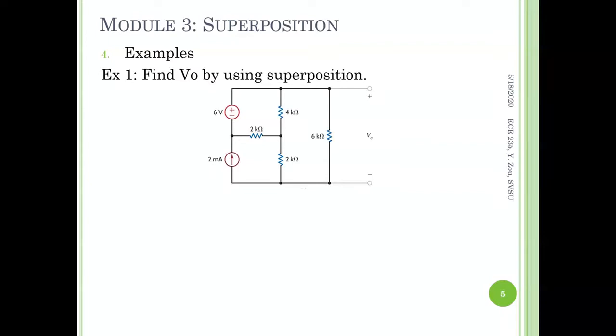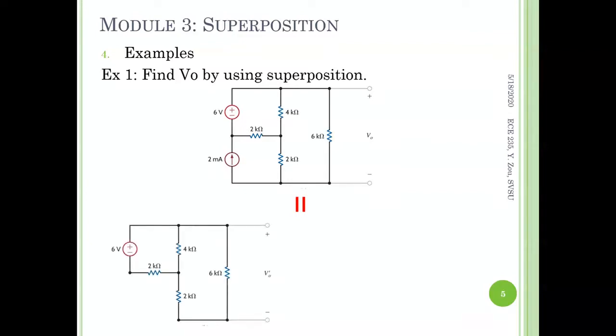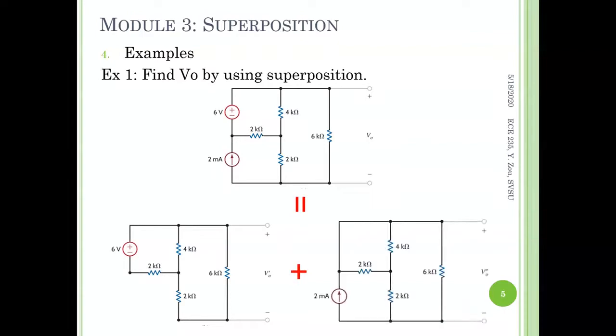We are seeing two independent sources in the circuit: one 6 volts voltage source, and another, a 2 milliampere current source. So according to the concept of superposition, we are going to split this circuit into two circuits. One circuit contains only the 6 volts voltage source, another contains only the 2 milliampere current source.